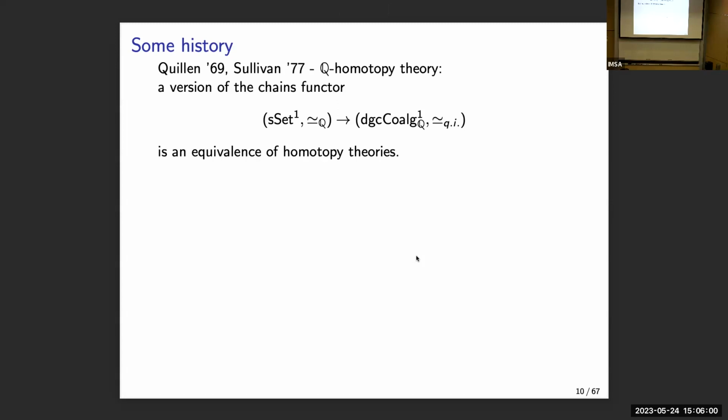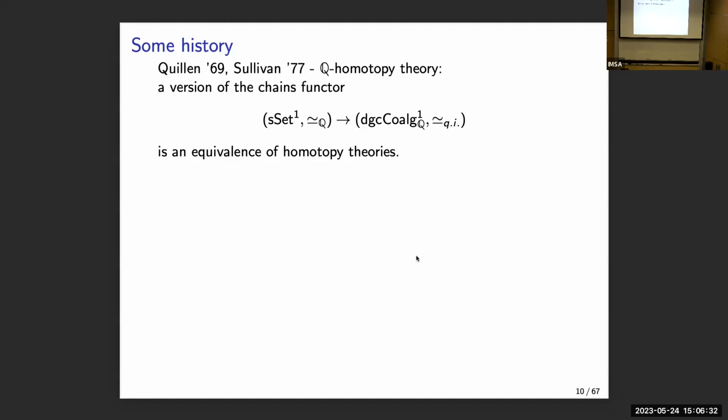Quillen considered simply connected simplicial sets, that's what this superscript means, under rational homotopy equivalence. A map of simply connected simplicial sets is a rational homotopy equivalence if it induces an isomorphism on rationalized homotopy, or equivalently, if it induces an isomorphism of rational homology.